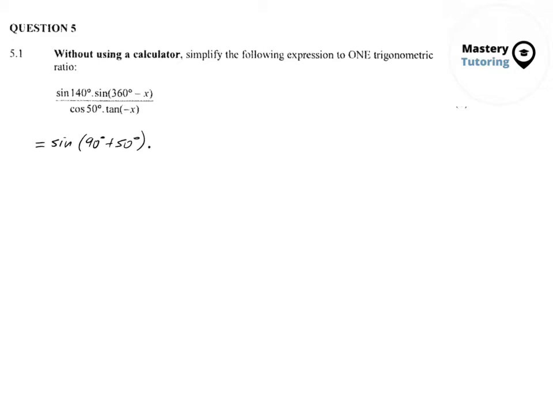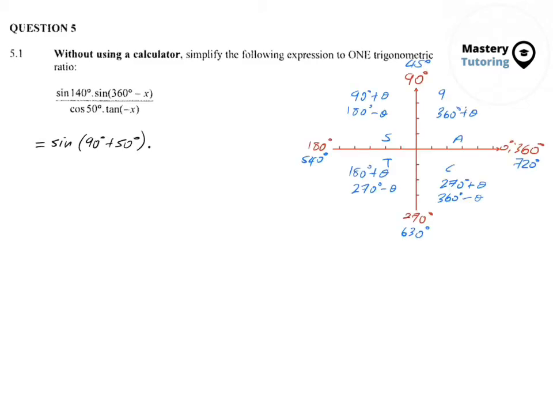If you remember from your Cartesian plane, let me pause this and just draw out the Cartesian plane. Okay, so we have this CAST diagram. Since 360 minus x is in the fourth quadrant, and as you can see, only cos is positive here, we are going to have, in brackets, minus sine x.